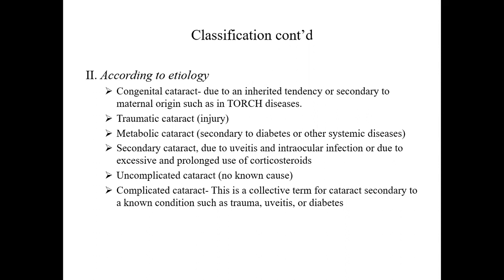And then we have the complicated cataracts. This is a collective term for cataract secondary to a known condition such as trauma, uveitis, or diabetes. Why do we call it complicated cataract? Because of some other associated conditions or signs. If it is traumatic, the lens was not ruptured to cause that much inflammation, but there's some mild inflammation due to trauma, and the patient has taken long to come.